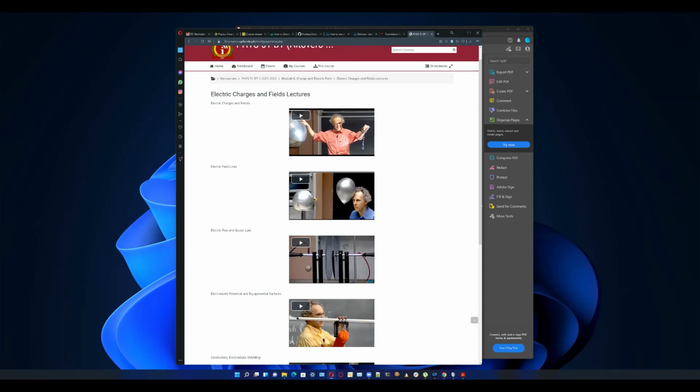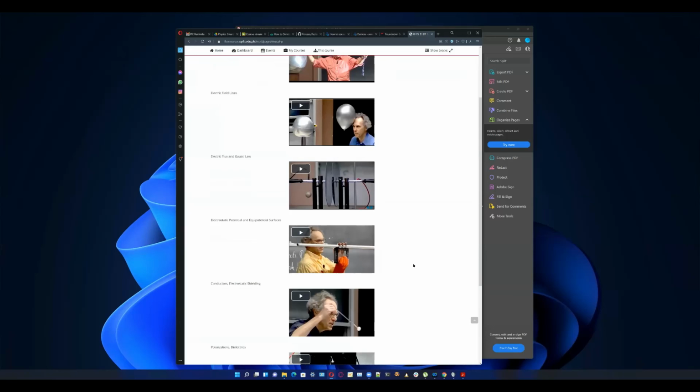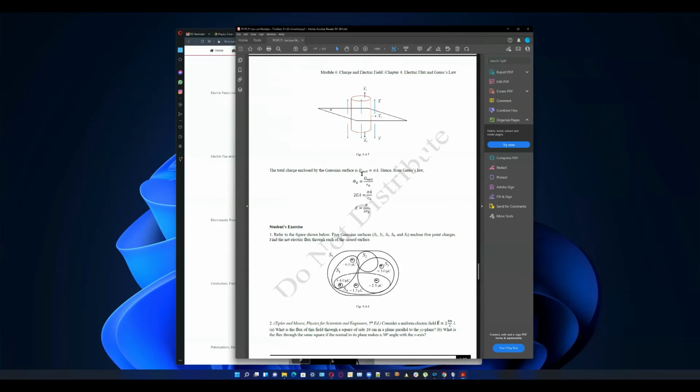So ganun yon. So please review this and tingnan nyo yung ganyan. Now, next meeting sa Tuesday, I will have some more on the discussion nung part na to. So I'll do some problem solving. But please tingnan nyo na yung sa problems dito, yung sample problems dito.